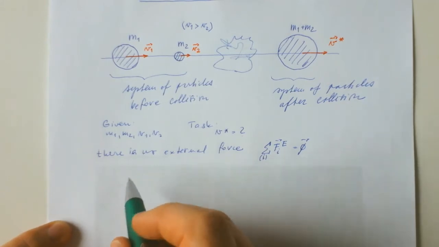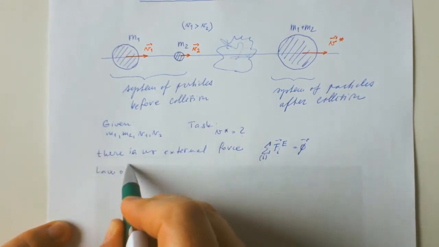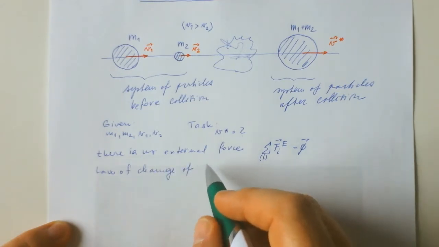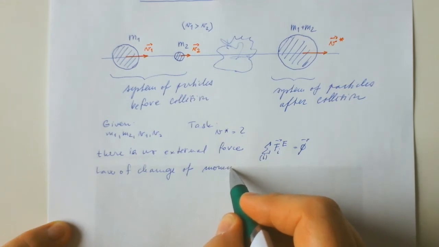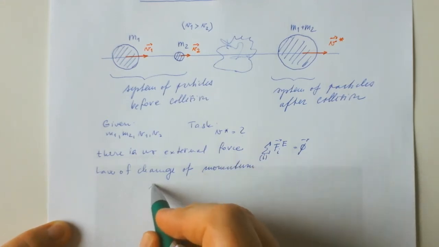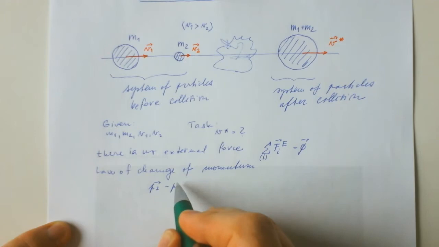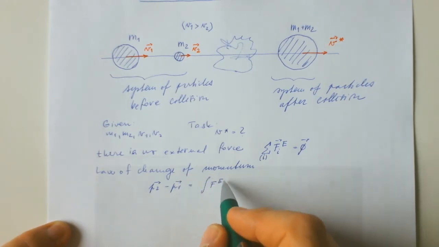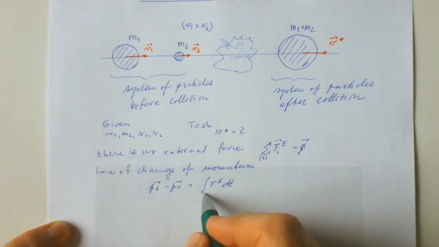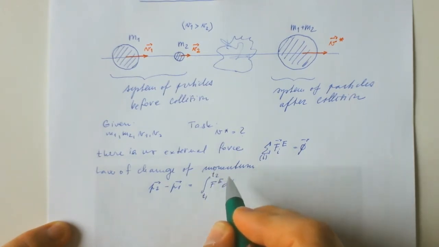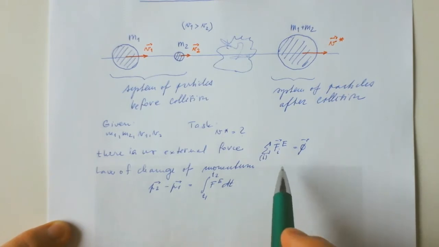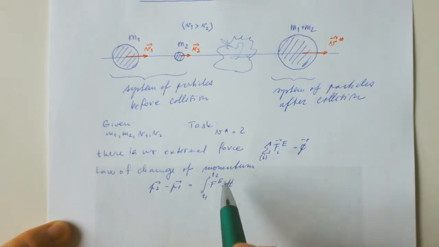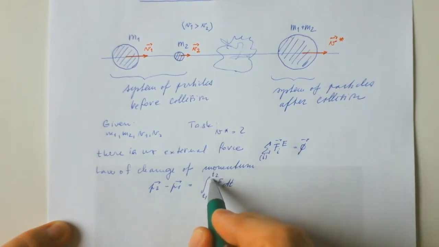And if we use the law of change of momentum, P2 minus P1 is equal to the integral of Fe dt from time 1 to time 2. If there is no external resulting force, this is equal to 0.